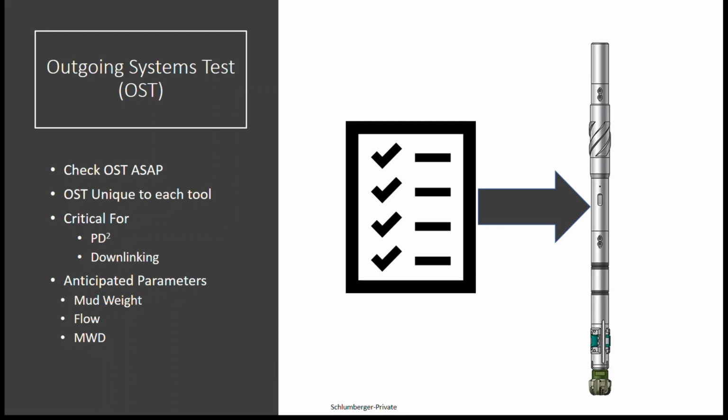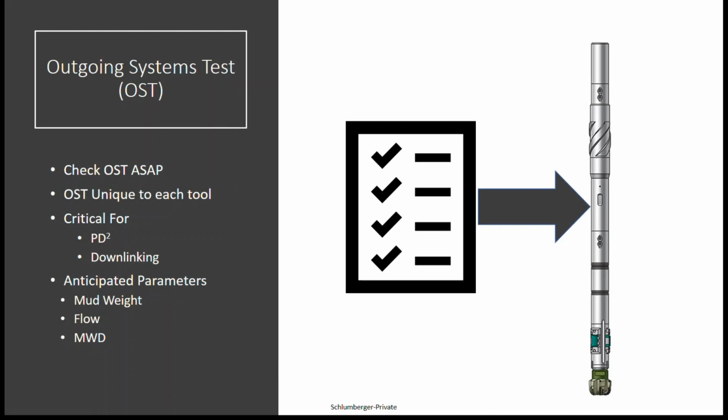So you want to make sure and confirm your two bias unit and control collar serial numbers match what's printed on your OST. Remember, this is critical for setting up your hydraulics and PD squared and your downlinking version. Also, you want to confirm the anticipated parameters for the run.